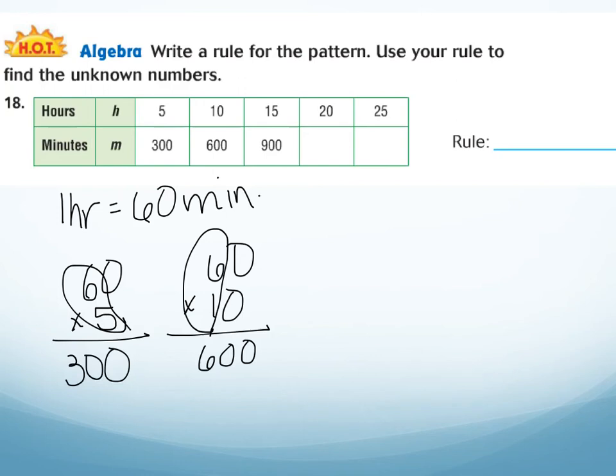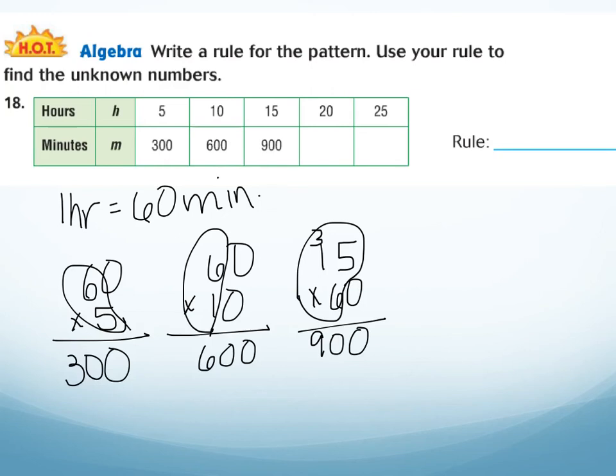And if I do 15 times 60, I can use my multiples of 10 and do 6 times 15. 6 times 5 is 30. 6 times 1 is 6, plus 3 is 9, and then add the 0 to my answer, which is also 900. To find my missing numbers, that means I'm going to have to multiply 20 times 60 and 25 times 60.